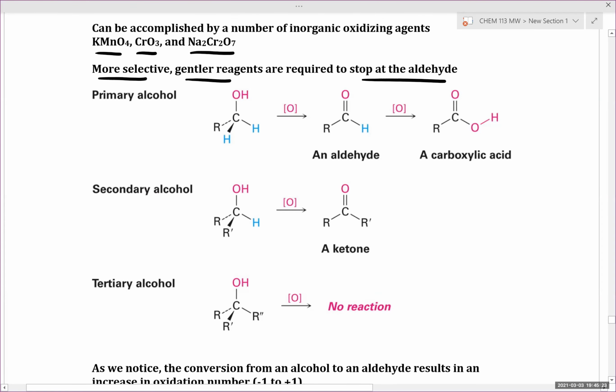A primary alcohol, using our oxidation number counting method, has an oxidation number of 4 minus 5, or minus 1. To go to an aldehyde, an aldehyde has an oxidation number, in this case, of plus 1.